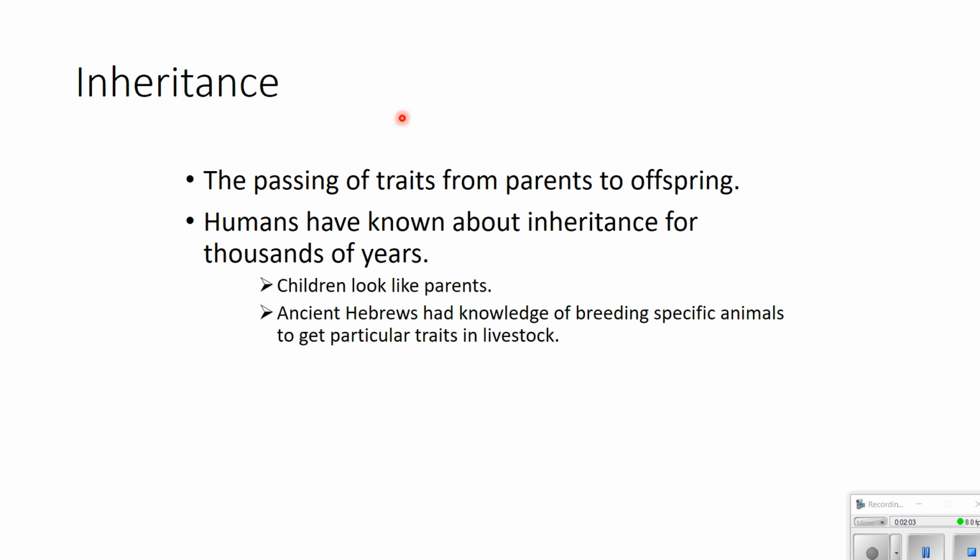There are lots of references in ancient writings. Even in the Old Testament of the Bible, there are phrases that reveal that the ancient Hebrews understood very well that by breeding sheep, for example, with different kinds of characteristics, different color wool, or whatever the characteristics may be, you could control how the offspring would turn out by carefully choosing which parents you bred together in the livestock.